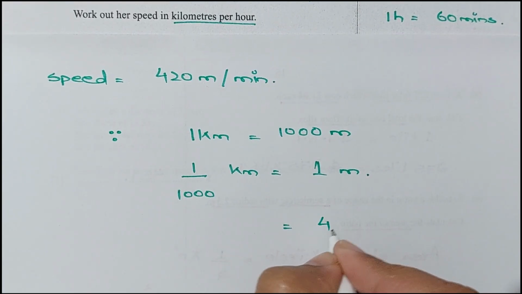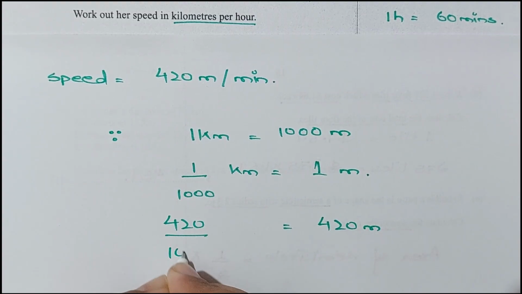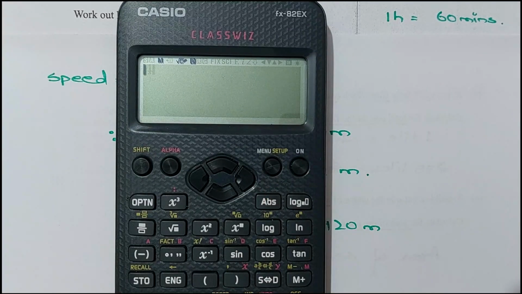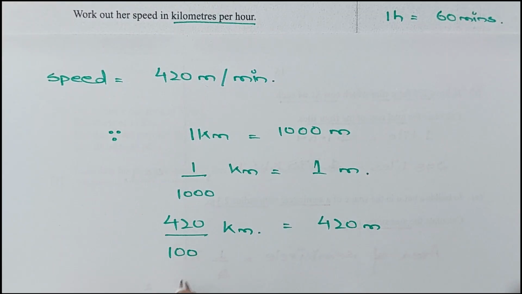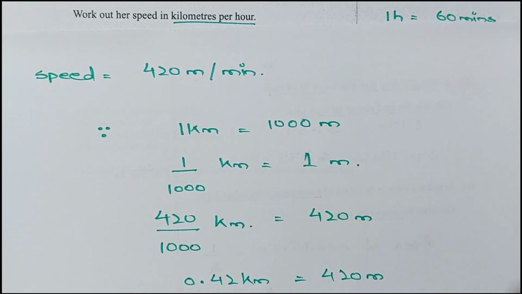We can say 420 meters is equal to 420 over 1000 kilometers. 420 over 1000 is 0.42. So 0.42 kilometer is equal to 420 meters. Now we have converted the meters into kilometers, right?